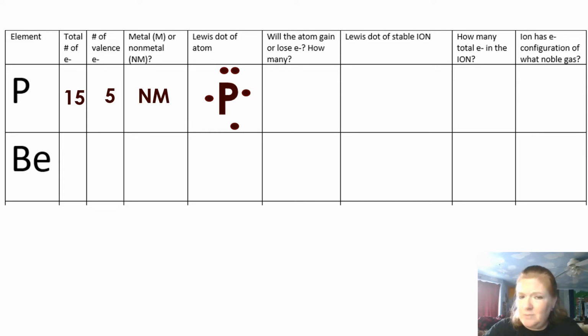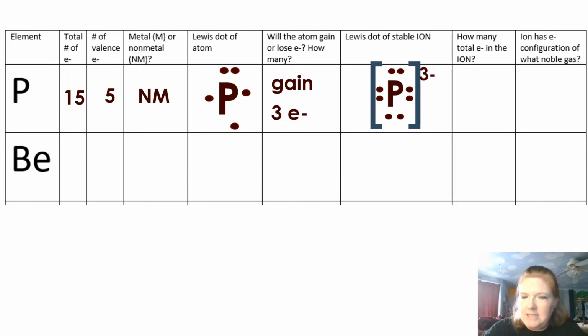So what makes sense? What would it do? Well, it would gain 3 versus losing 5. So what happens then is we add those 3 electrons. So now it has 8, but it has a charge, and its charge is 3 negative. Okay, why? Because it gained 3 electrons.